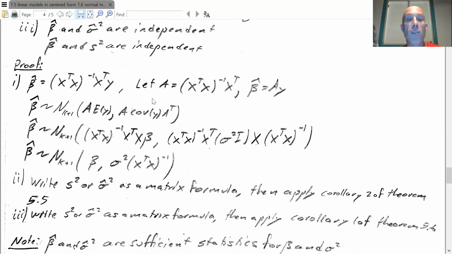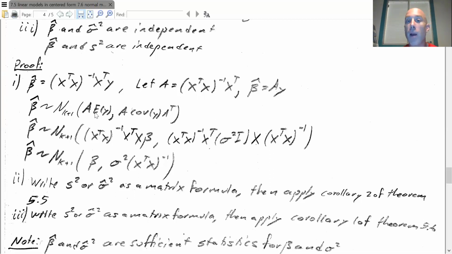Therefore, if I say A is a known matrix, well, beta hat is equal to A times Y. Once I say that beta hat is A times Y and Y is normally distributed, then automatically I know that beta hat will be normally distributed, and we have A times the expected value of Y, A times the covariance of Y, A transpose. This is a theorem that we looked at previously.